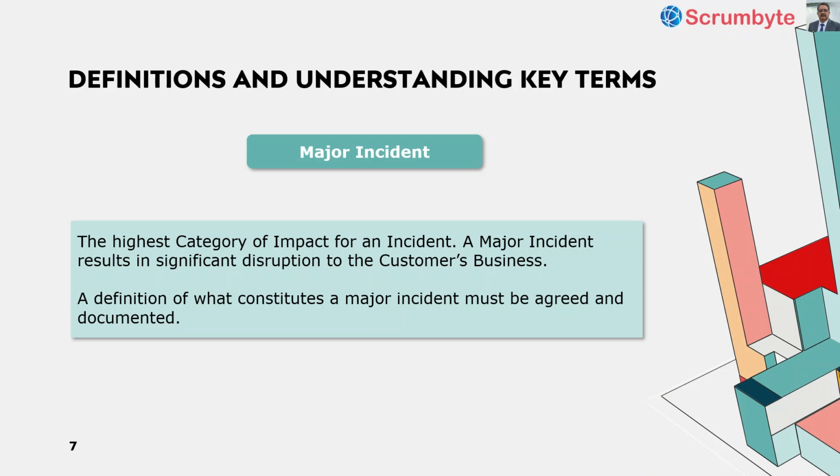Well, that is what the customer thinks is very important, then fine, that is a major incident. But to us, something like a server going down would be categorized as a major incident. Anyway, you can decide between you and the customer what constitutes a major incident, and that must be agreed upon.